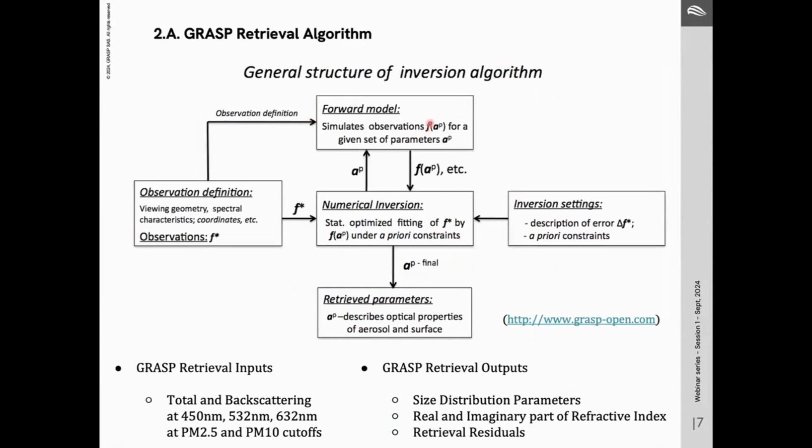As I mentioned, our algorithm consists of two independent modules, the forward model and the numerical inversion, so we can run them separately. A synthetic test means, for example, that when we don't have the real measurement yet, or when we want to know the capability of the measurement before we have it, we can use the forward model to simulate what measurement we will get for different aerosol types.